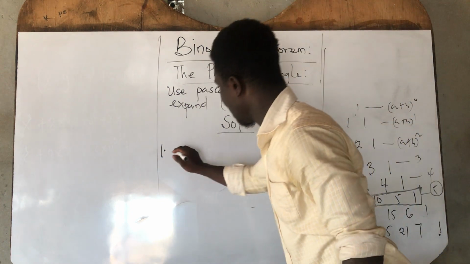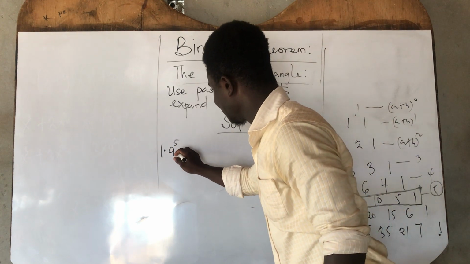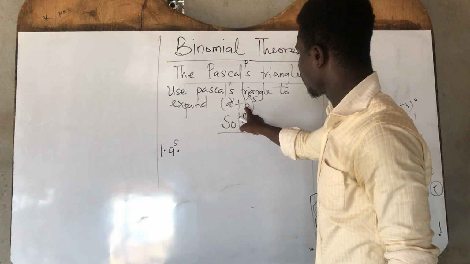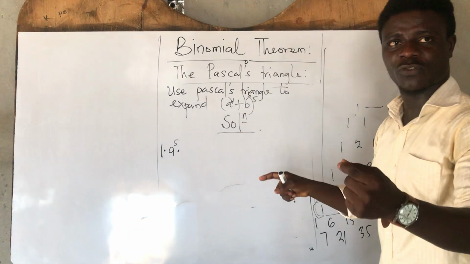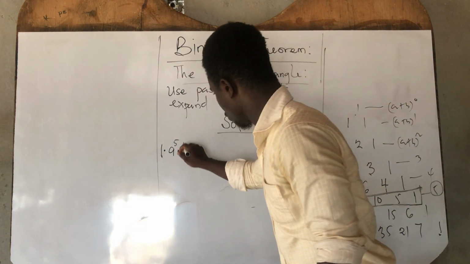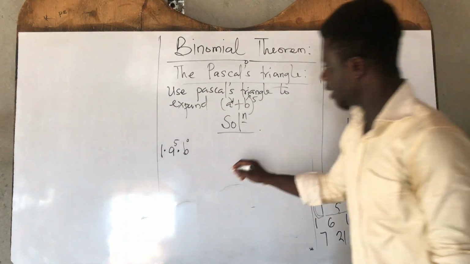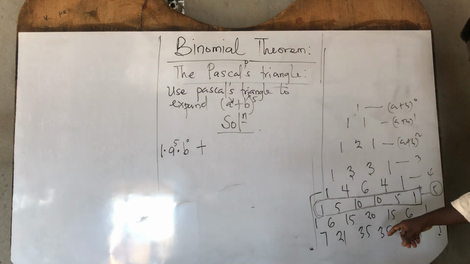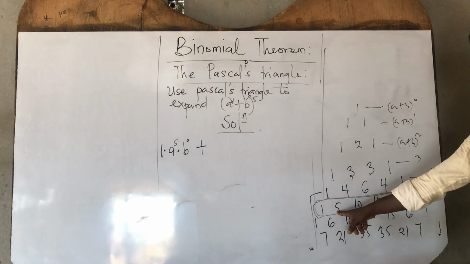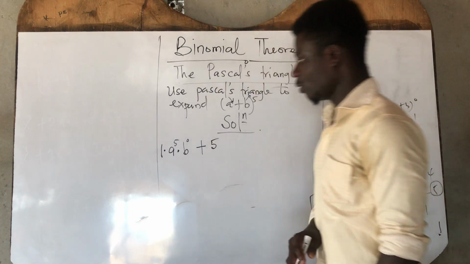So a will start from 5. Then times this b, which is increasing, starts from 0, right? So b to the power 0. Then we add to this coefficient, which is 5. So we get 5 here.